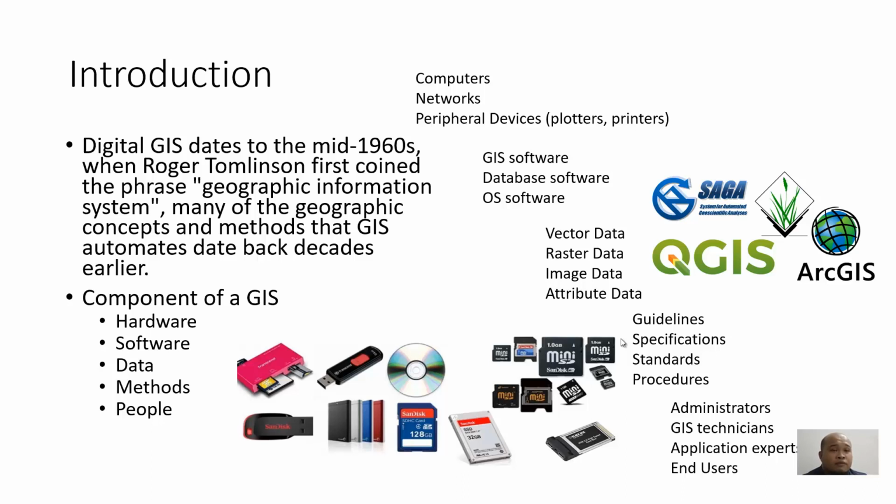But how about the vector data? If you are familiar with AutoCAD, AutoCAD is one of the easiest examples of vector data, where you can zoom the features that you have drawn.